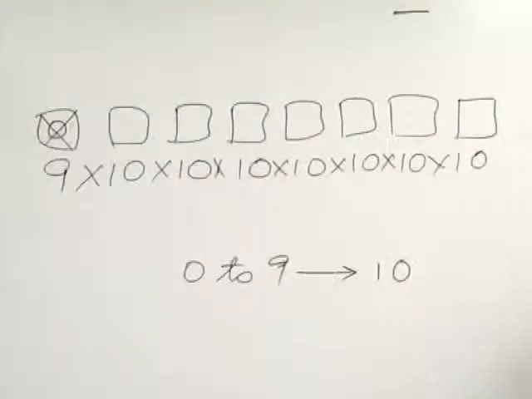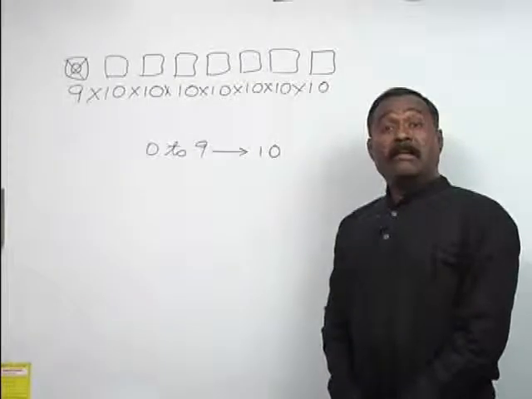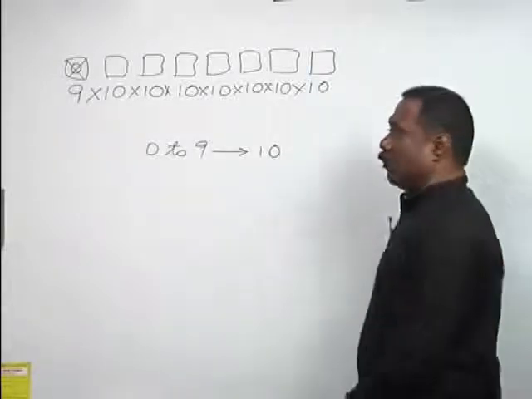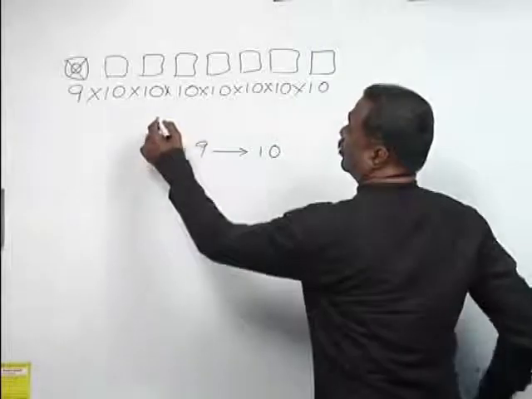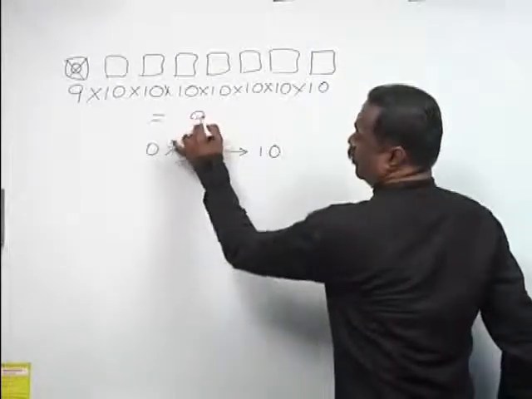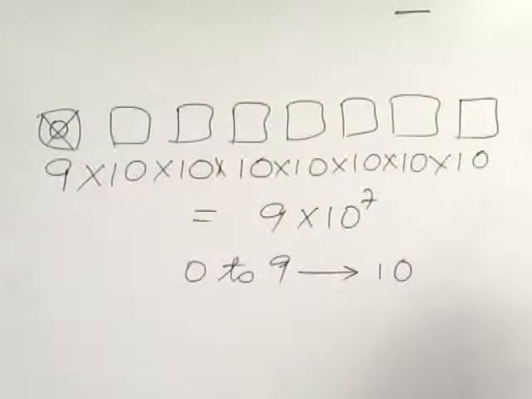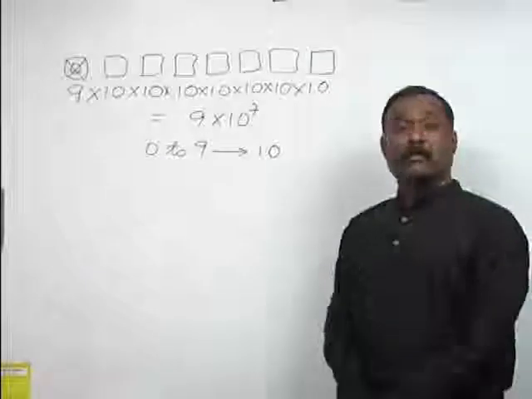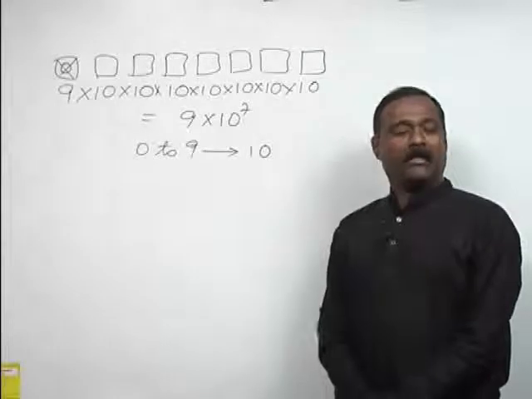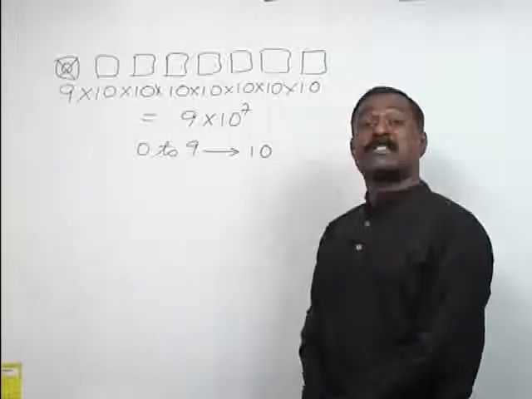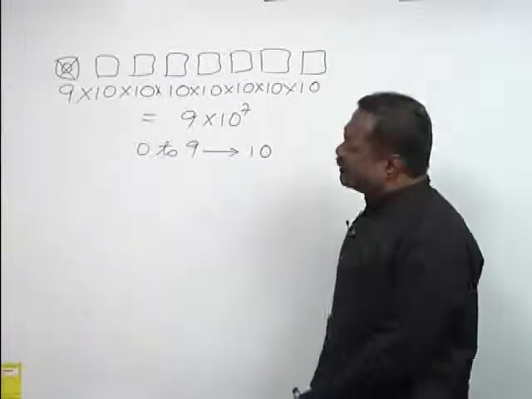So the number of 8-digit numbers that can be formed is nothing but 9 into 10 power 7. These many 8-digit numbers will be there. So you can see the answer, that is 9 into 10 to the power 7.